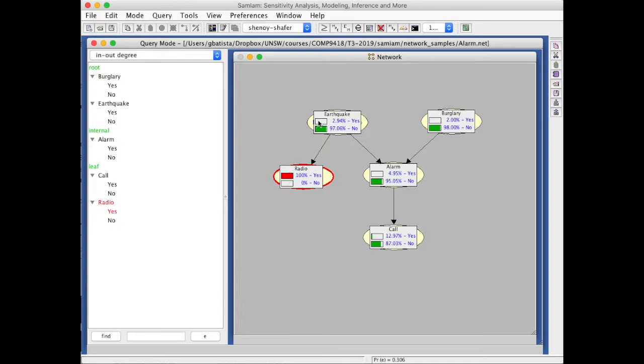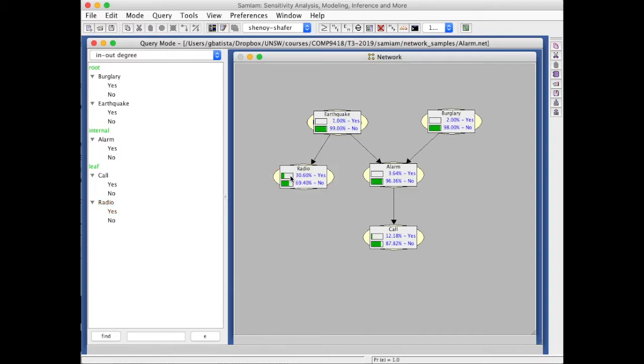Earthquake is higher, alarm is higher, call is higher, but burglary is still 2%. And we know that because here we have a common cause, and here we have a sequence, and none of those variables are observed, so we expected this to be a chain of influence. But here, because we have this common effect structure, and this variable is not observed, this one should not be influenced by this one.